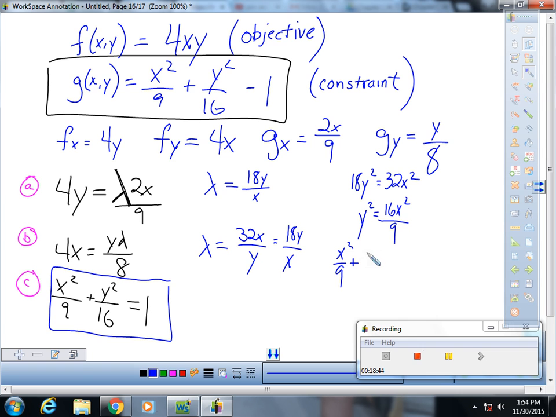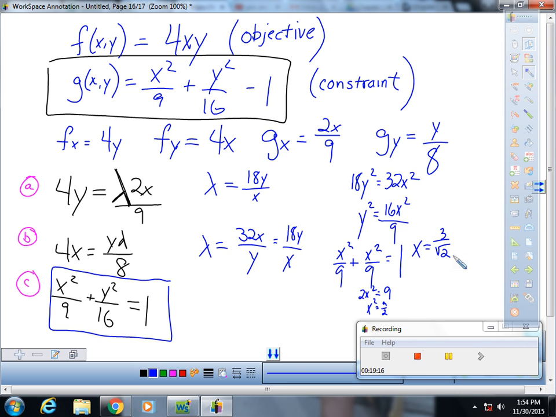The 16s are gone, and you get x squared over 9 equals 1. So 2x squared equals 9. So x squared is 9 halves, and therefore x is equal to 3 over radical 2.